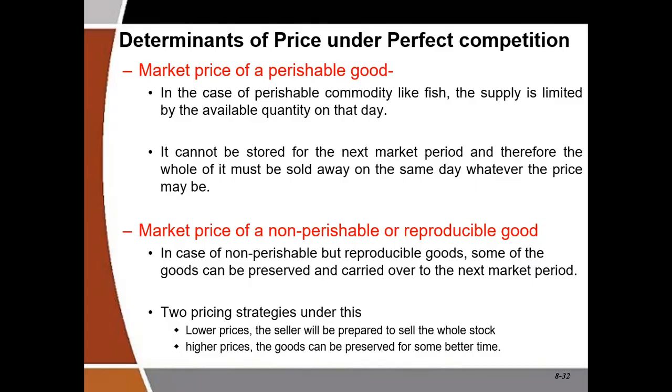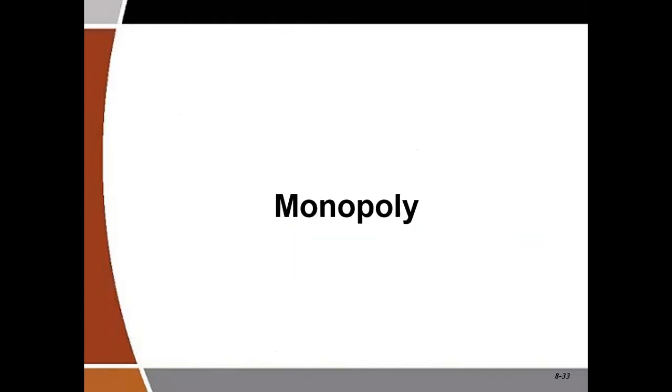So when your goods are strictly non-perishable, you can increase the price so that nobody will buy, then wait for the next market period. These are the two factors that can make suppliers alter their prices, although it is not advisable to do that in a perfectly competitive situation.